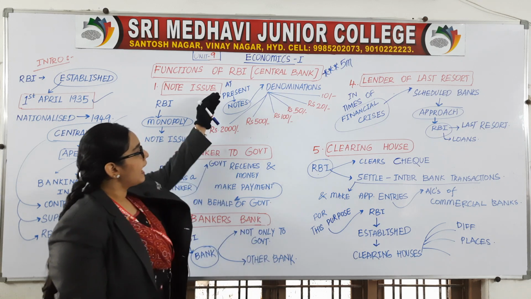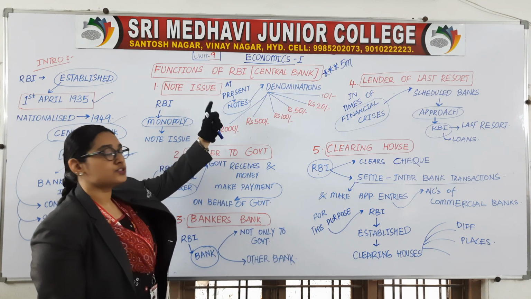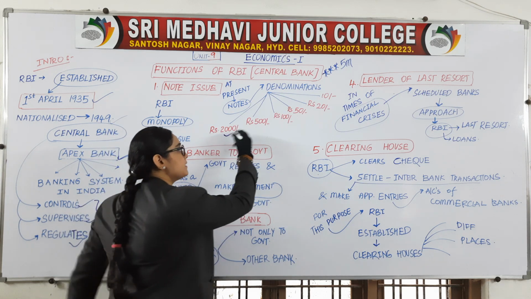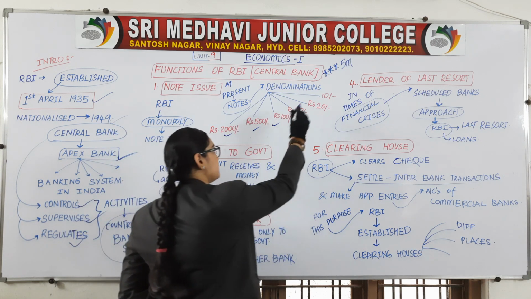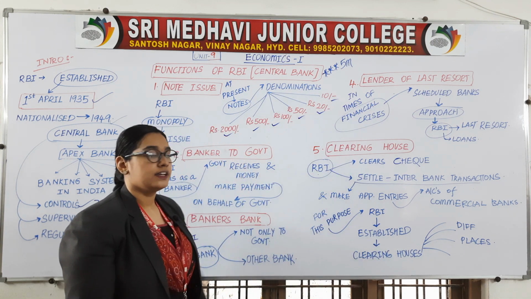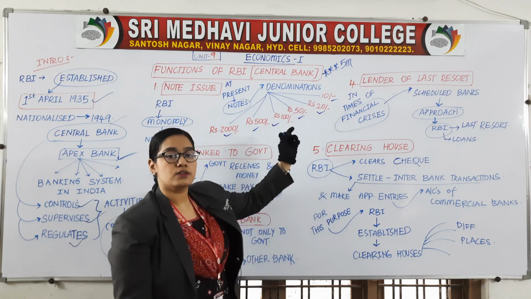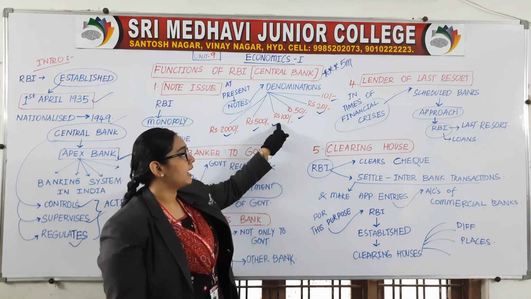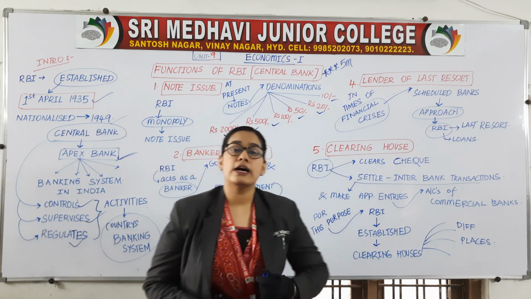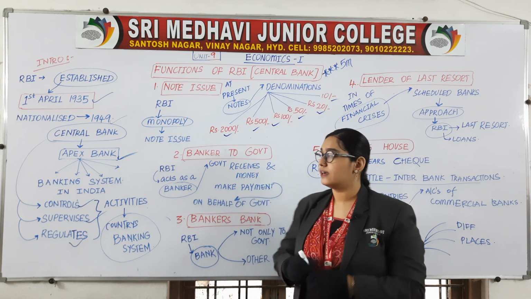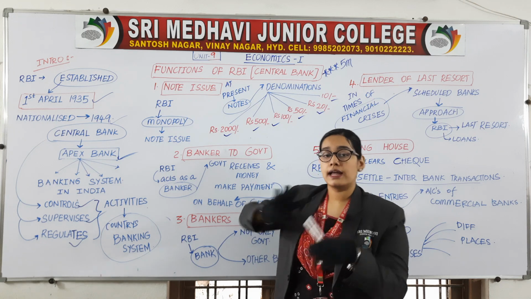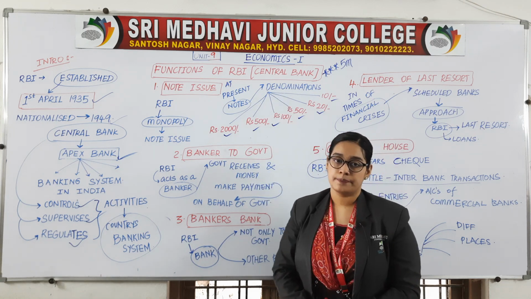At present, we have notes of the denominations 2000 rupees, 500, 100, 50, 20 and 10. We have 10 rupee notes, 20 rupee notes, 50 rupee notes, 100, 500, and also 2000 rupee notes. What are all these? 2000, 500, 100, these are all called denominations.